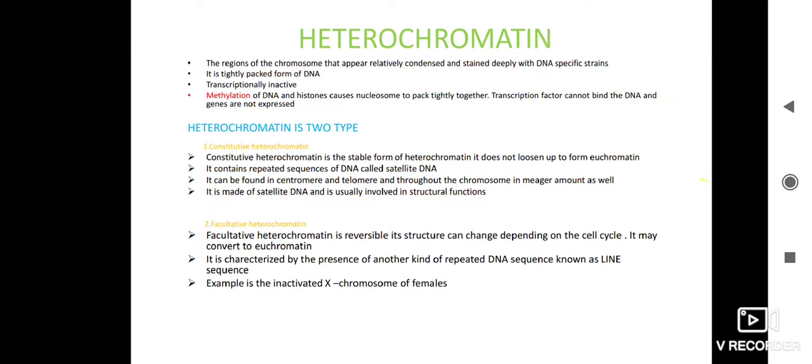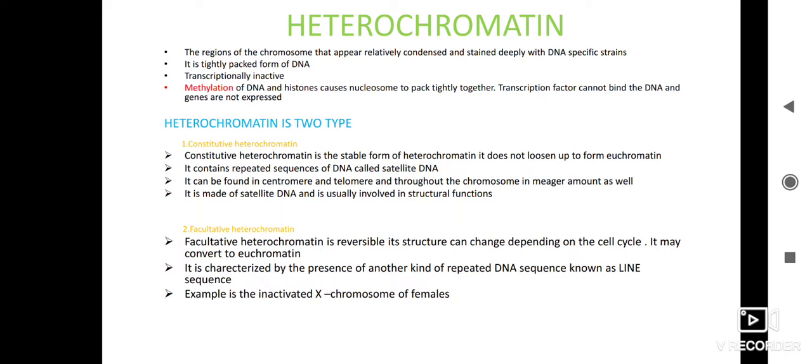Heterochromatin is of two types: constitutive heterochromatin and facultative heterochromatin. Constitutive heterochromatin is the stable form of heterochromatin. It does not loosen up to form euchromatin.